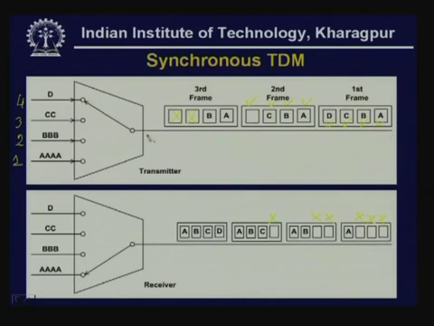Here, as you can see, the bandwidth of this medium is higher, because this composite signal is sent through a medium which has higher bandwidth. So, you can see the data rate here is much higher than these data rates. Transmission media having higher bandwidth is used for sending the multiplexed signal.